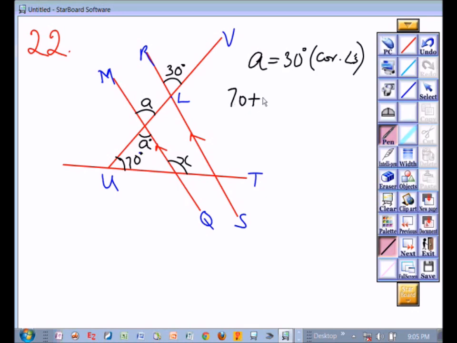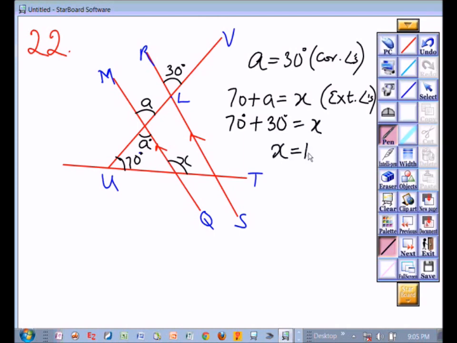Therefore we now write 70 plus A is equal to x, for the reason of the exterior angle theorem that we have earlier mentioned. By substituting A as 30, we write 70 plus 30 degrees is equal to x. Therefore, x will be the sum of 70 and 30, which is 100 degrees. And of course, this is the answer.